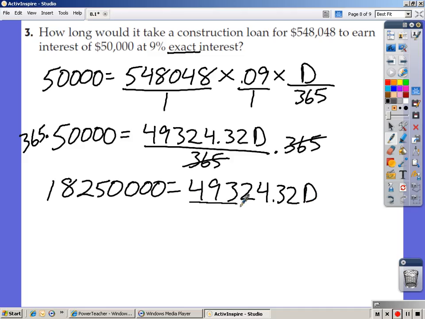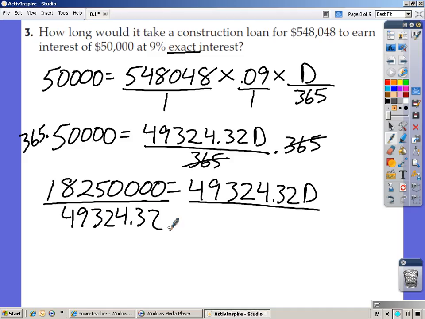Divide both sides by 49,324.32. Again, it cancels on the right.